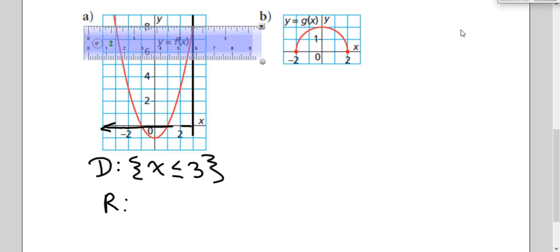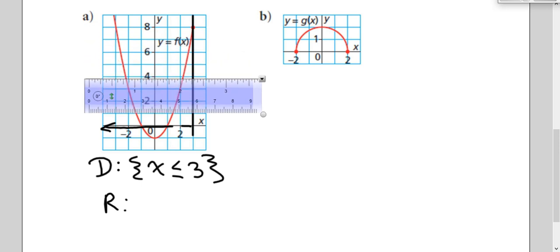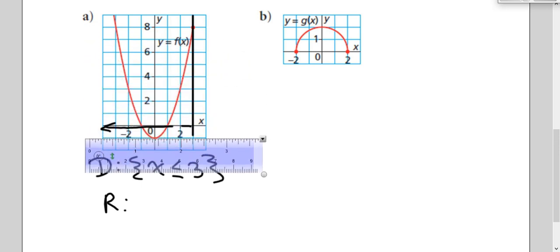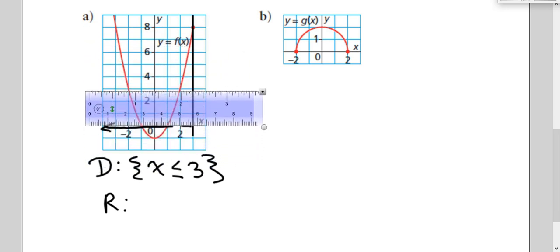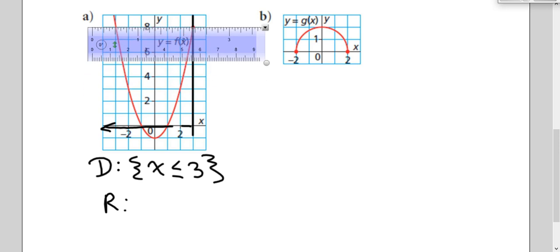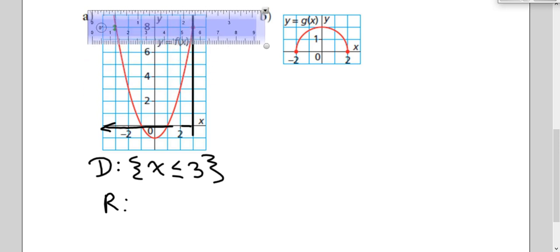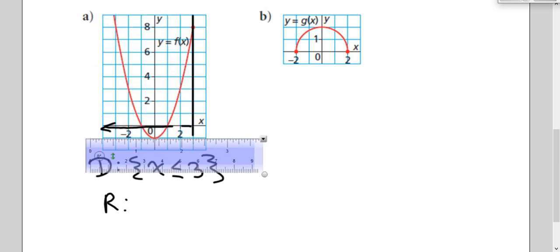So if I check this, stop, and I start here, this is my lowest value of y, and it goes up, up, up, up, up, and I have a stop point on the right-hand side, but it still keeps going up. So my only stop point is down here. But it's not even a stop point. It's just saying that this is the smallest value, and I'm going to change my color here.